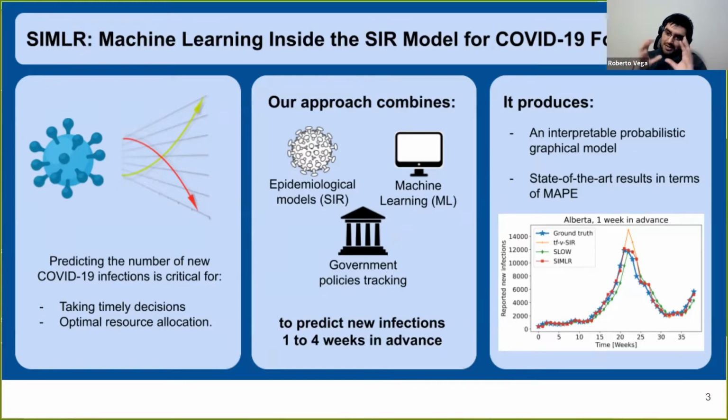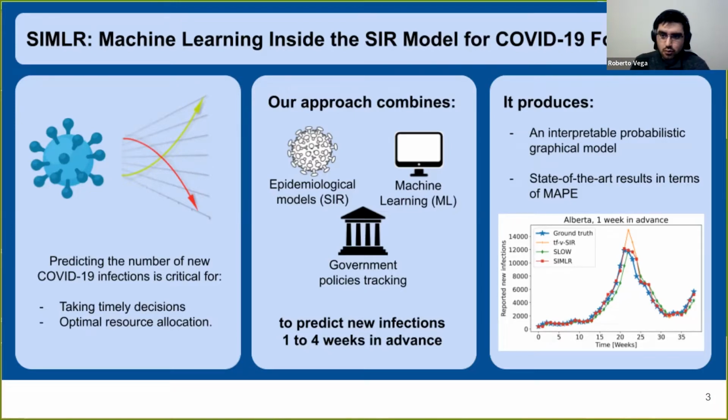Then we combine these 3 elements to make the predictions, and what we produce at the end is something called a probabilistic graphical model. This just means that we can predict not only the estimate of the number of people who will be infected, but also some degree of confidence, like 2,000 people plus minus 2% or something like that.